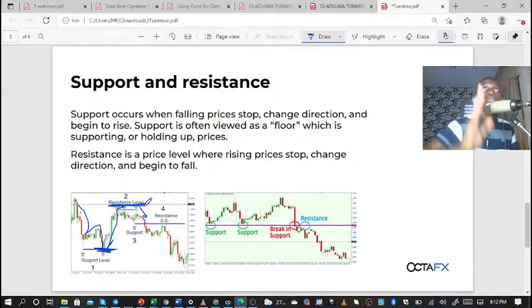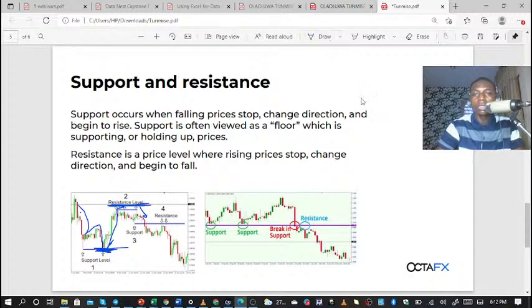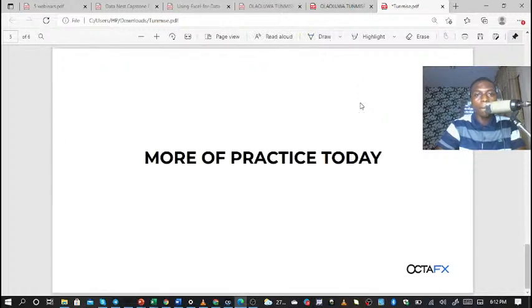Your ceiling will stop either my pen or your book or the ball from continuing upward. That's resistance. That's what's happening here. You threw a pen up to the ceiling and then it was resisted at this level, right? So now you see this place is what? Support level, and this place is what? Resistance level. Okay, more of it in our practical session while we jump on the chart.